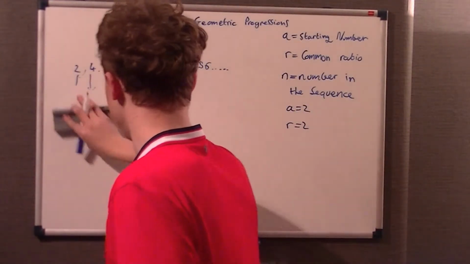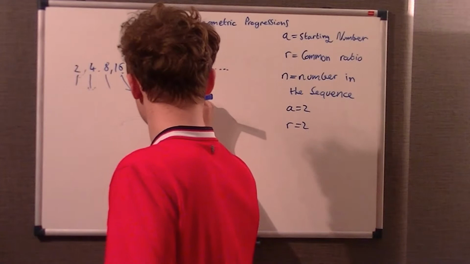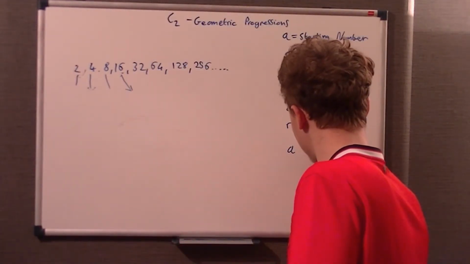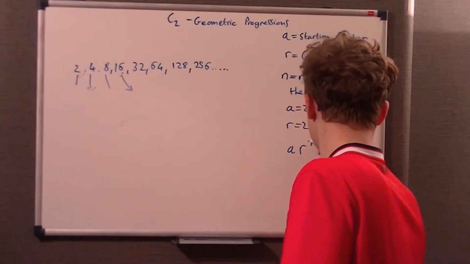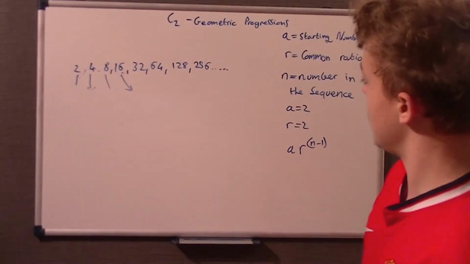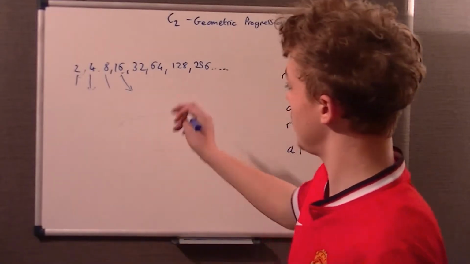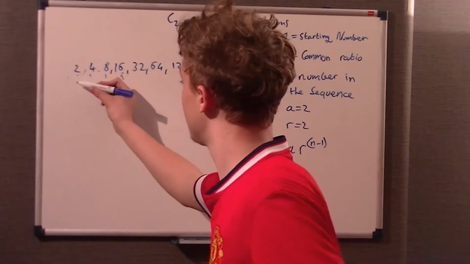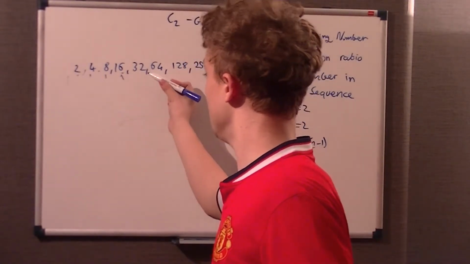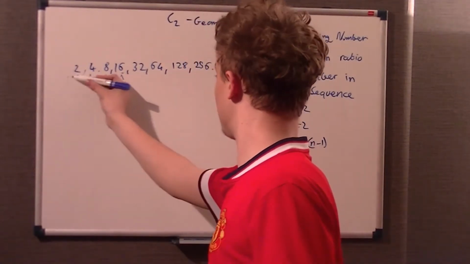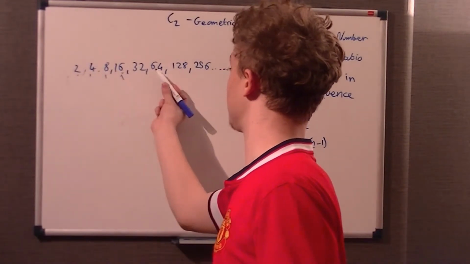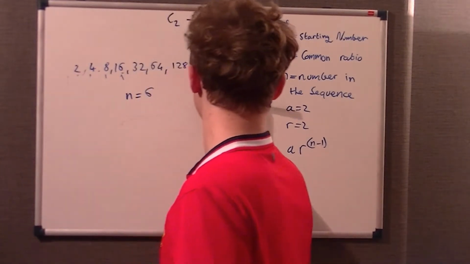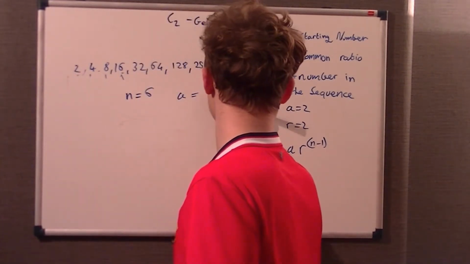So hopefully that's proved. And now we can use that to come up with a formula, which is quite important, so I'll put it over here. If you want to find a number in a sequence, it's ar to the n minus 1. I'll prove this to you. Let's take the 6th number in the sequence, so n equals 6, a equals 2, r equals 2.